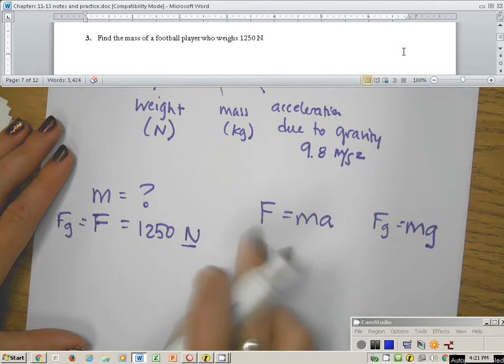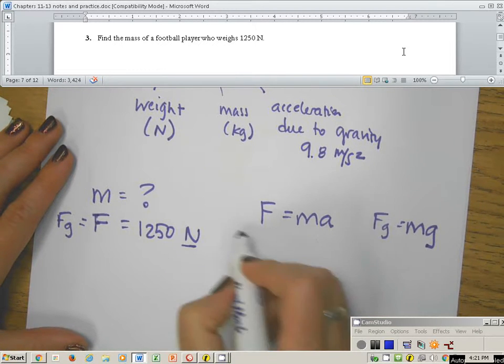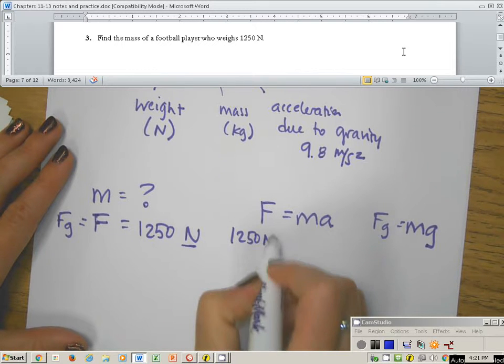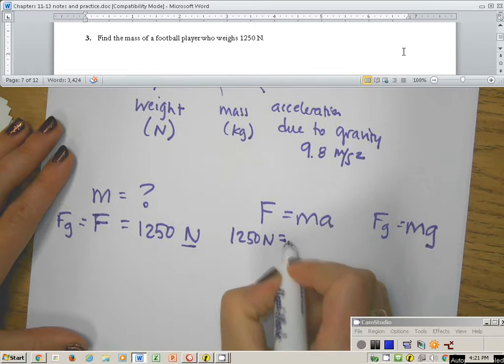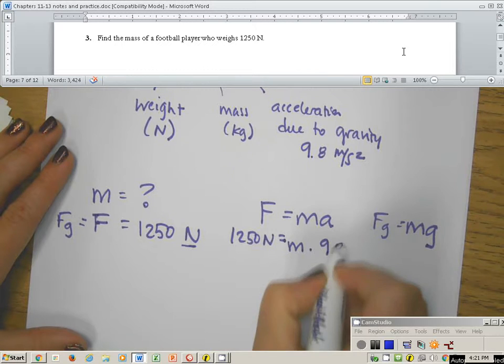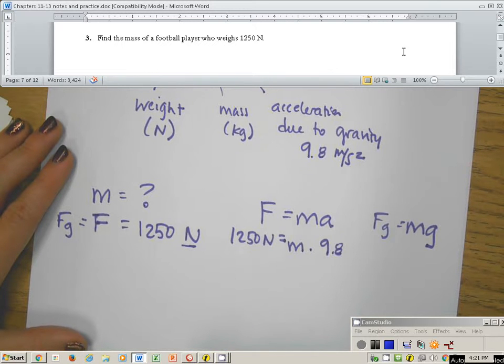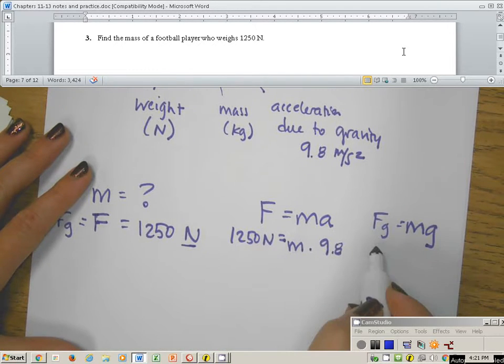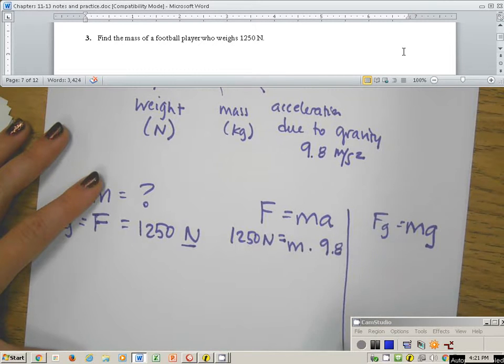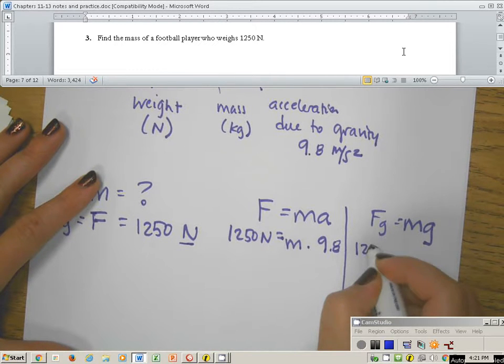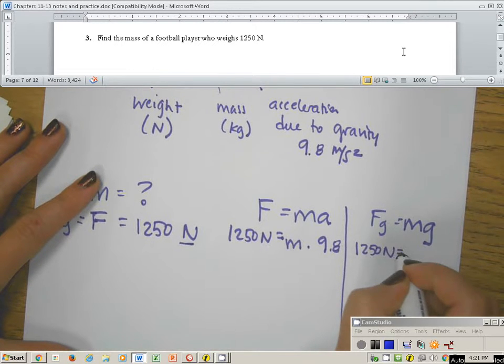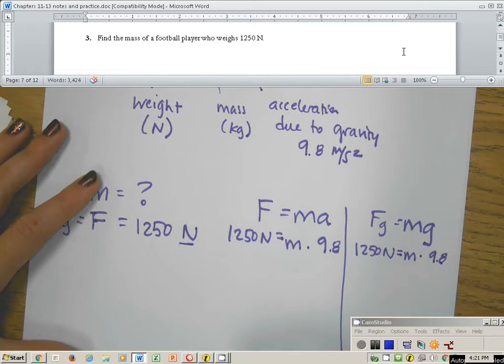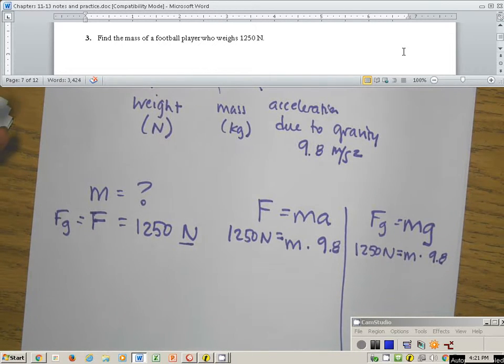If I use F is equal to MA, his weight is 1,250 newtons, and the mass I don't know. His acceleration is going to be the acceleration due to gravity. If I plug it into this one, it's going to look exactly the same. His weight is 1,250, his mass I don't know, and G is 9.8. There's absolutely no difference between the two formulas.